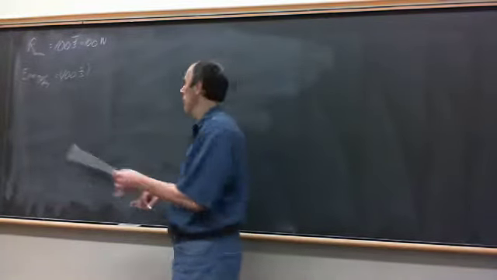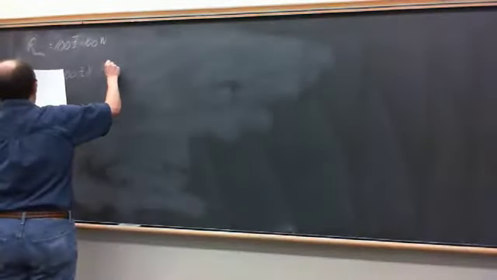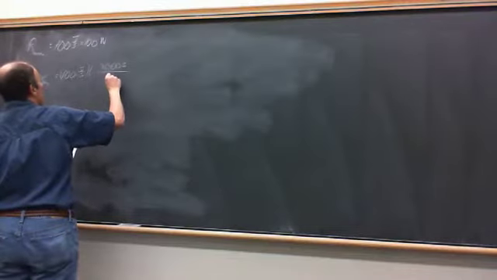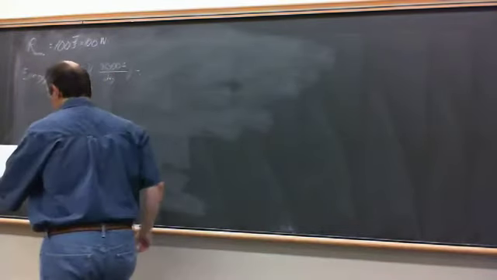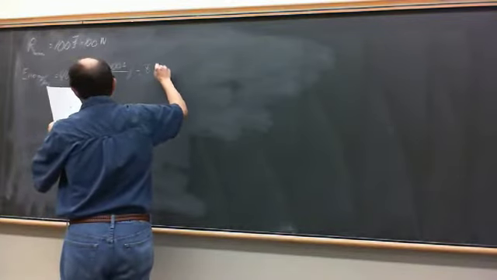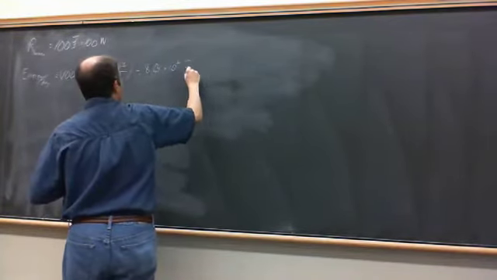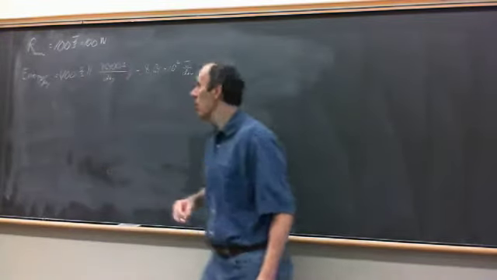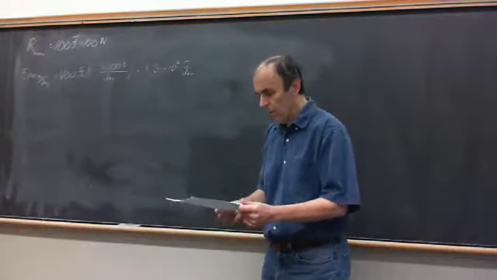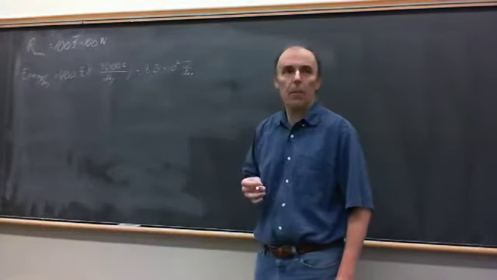So 24 times 60 times 60, that comes out to be 86,400 seconds per day. And you do the calculation, and you get 8.64 times 10 to the 6 joules per day. So about 8 million joules, almost 9 million joules each day is what we need to maintain as our metabolism produces.